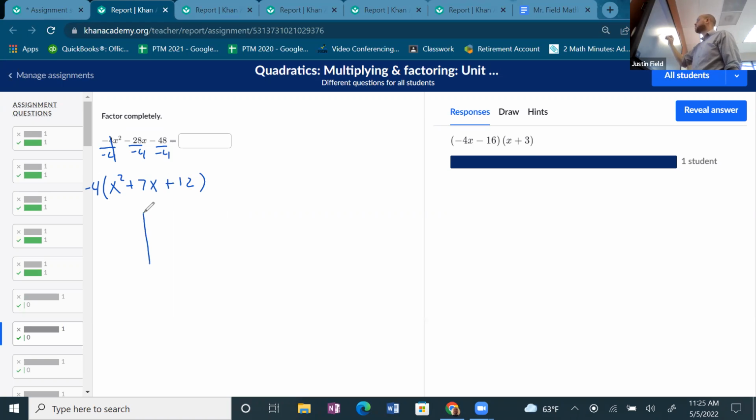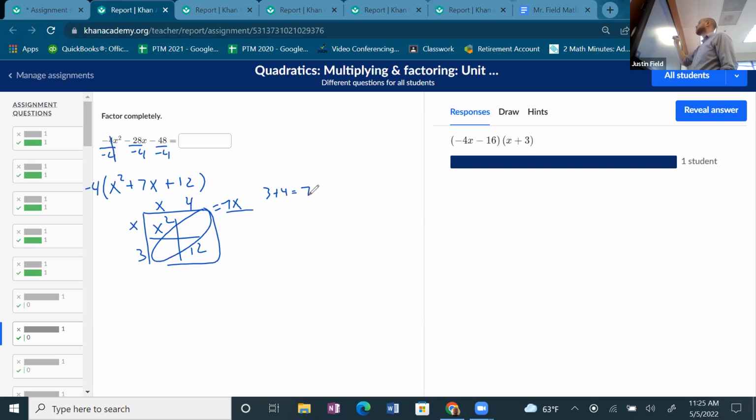We can use the area model, or you may already know the answer. X squared, 12 go there. These two boxes have to add to 7. X times x is x squared, and guess what? 4 times 3, even though we could do 6 and 2, 12 and 1, 4 and 3 is the pair that also adds to 7. 3 plus 4 equals 7.